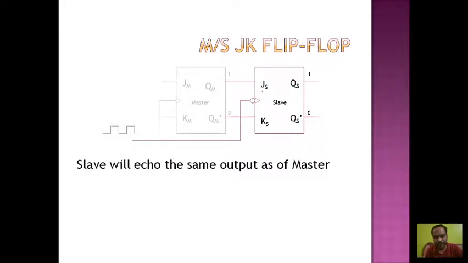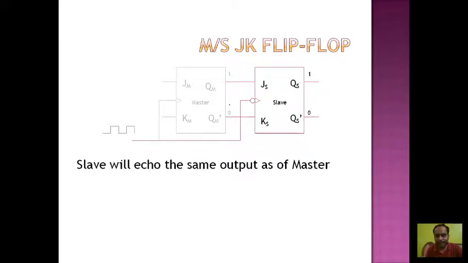And because high signal at the J terminal causes the flip-flop to set to 1, you can see in both the cases the output of this slave JK flip-flop is exactly the same as that of the master flip-flop. So this slave just echoes the output of master. Therefore, that's the reason behind the name of this slave flip-flop.